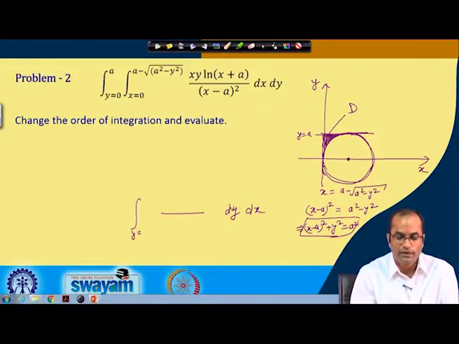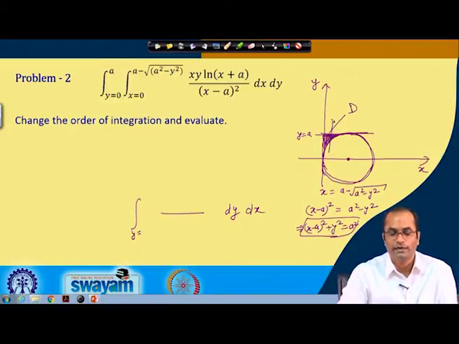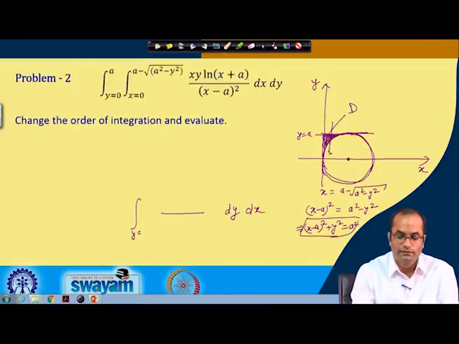So, changing for y, we have to now draw a line parallel to the y axis and see where it enters the domain and where it exits the domain. So, for y, it is now entering through the circle at any point here to cover the whole domain. So, what is the equation here?